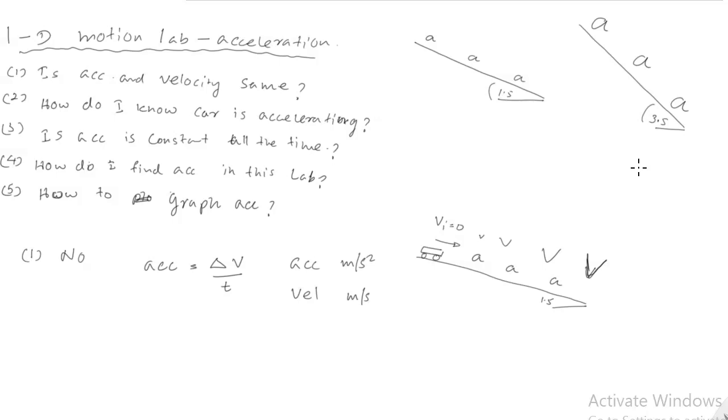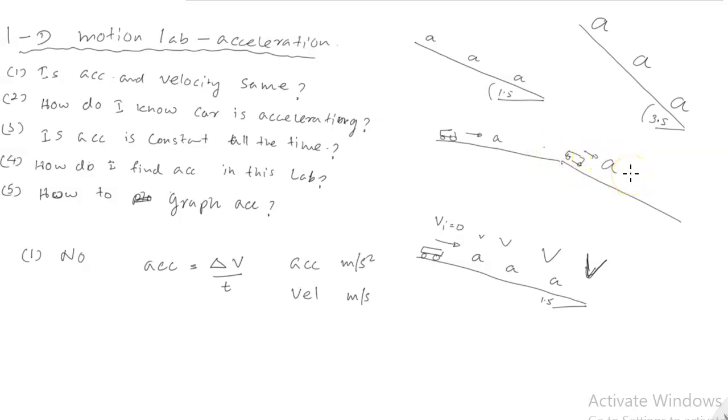Now, how do you change the acceleration while it's moving? Only one way to do it is if you have a ramp like this, goes at some angle and then it changes like this. Let's say this is your ramp, right? It's bent here. So then you place the cart like this and you let it go. So it will accelerate at some level all the way up to this point, and once the cart passes this point, the acceleration will increase.